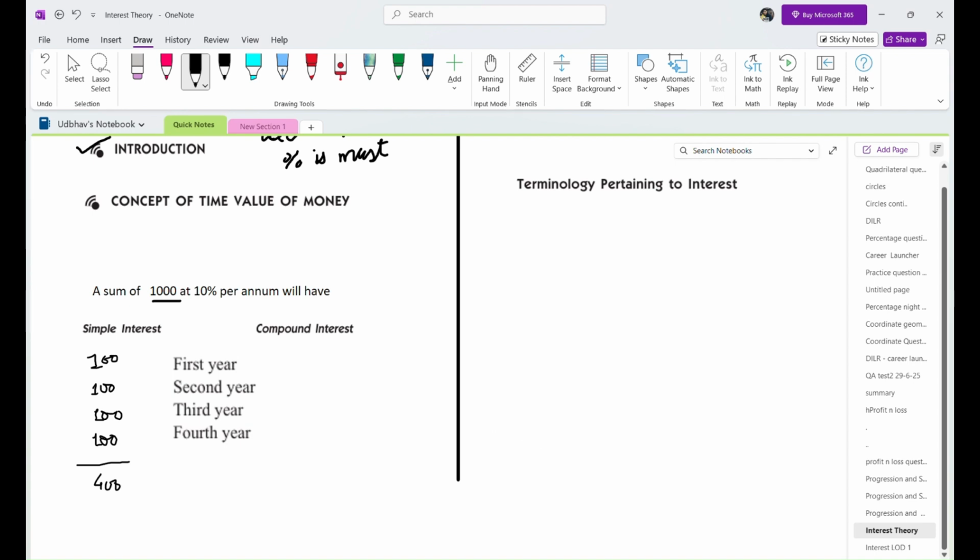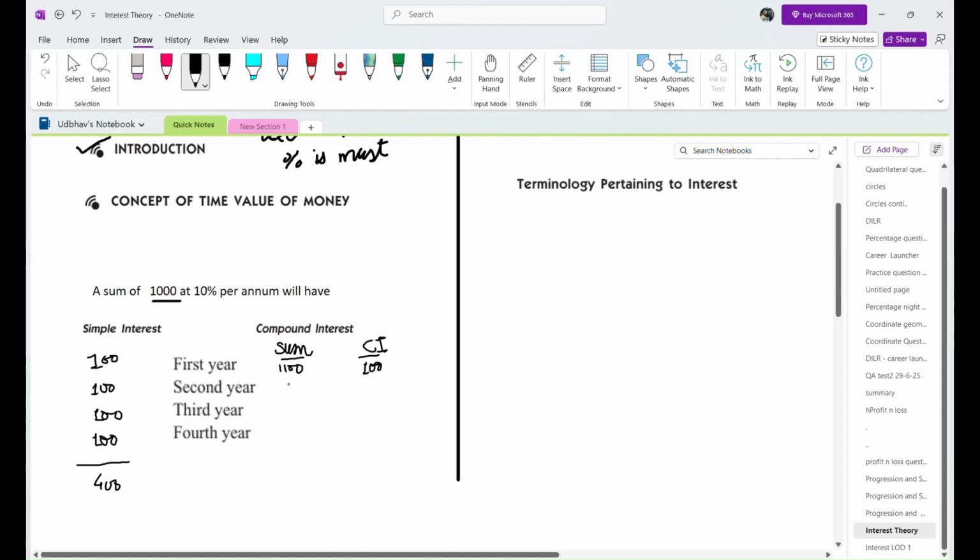So if we add 100 to 1000, we'll get a sum of 1100 and the compound interest will be 100 rupees.